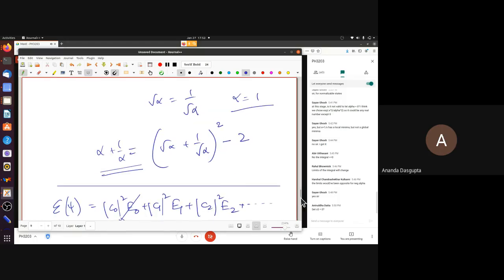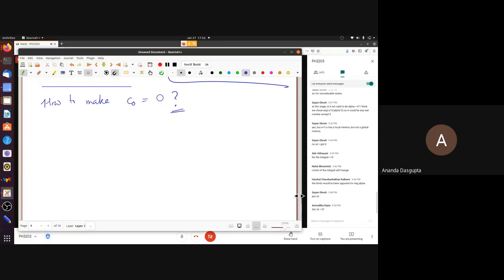Or one way to understand how, or rather at least try to get a handle on how, is this. Can you restate this demand in terms of something which sounds more quantum mechanical? Unfortunately, that's the best I can do right now as a hint. C0 equals 0.